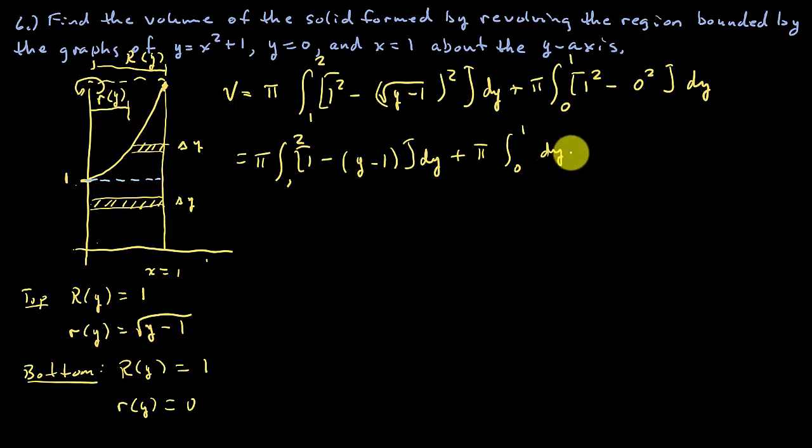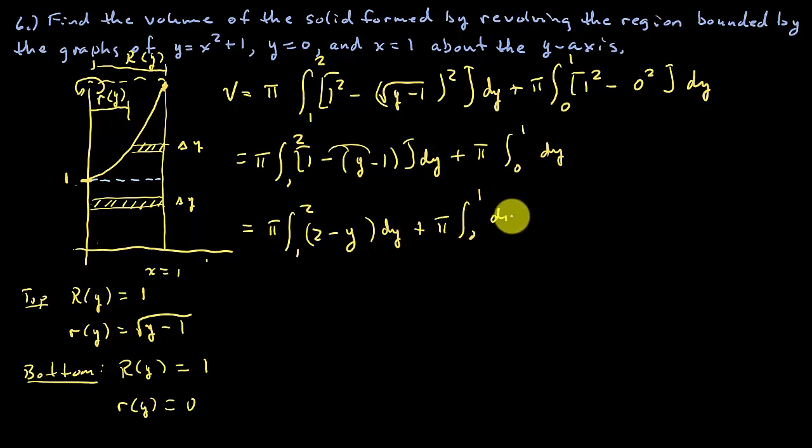So we've got pi times the integral from 1 to 2. If I distribute the minus, that becomes a plus 1, and 1 plus 1 is 2. So I get 2 minus y dy, plus pi times the integral from 0 to 1 of dy.